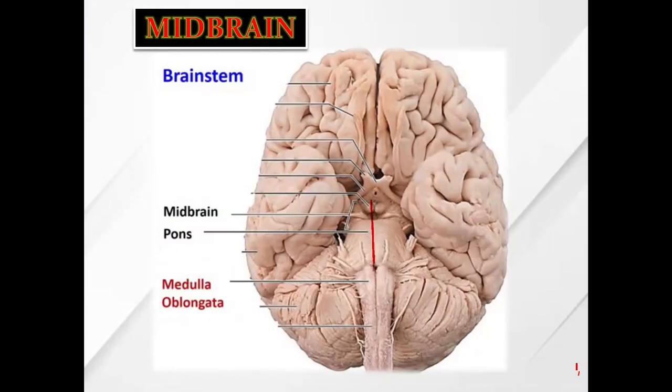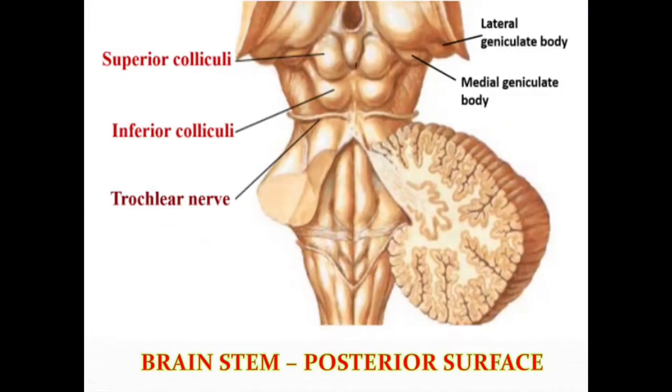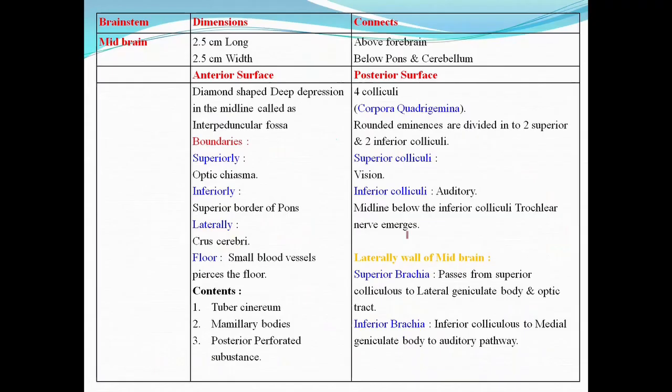Posterior aspect. Now this is our anterior aspect of the midbrain, pons, and the medulla. Behind, you will again have the midbrain, pons, and the medulla oblongata, the posterior-most aspect. In this posterior-most aspect, we will study especially the midbrain.